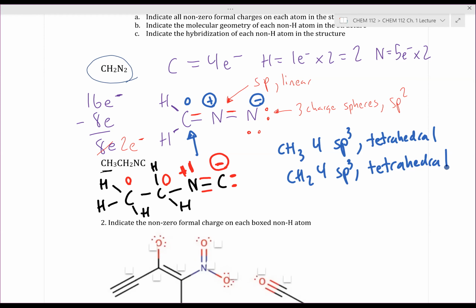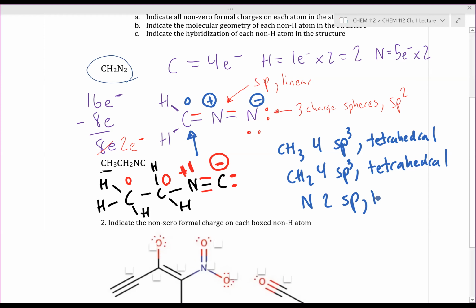Compare it to this nitrogen above. This bottom nitrogen has how many single bonds? 2. So how many charged spheres are around this central nitrogen? 2. And as we established previously, 2 charged spheres corresponds to what hybridization? sp. Yeah. So our nitrogen atom has 2 charged spheres, has an sp hybridization, and what geometry does it adopt?